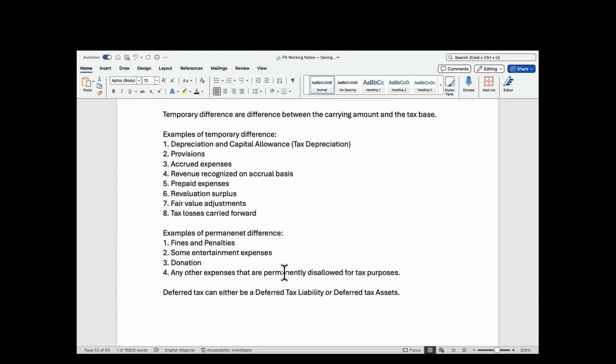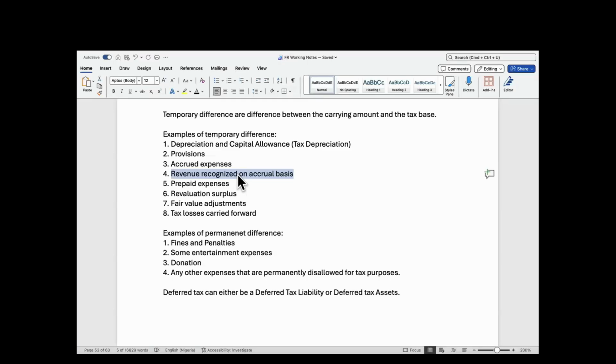And from the example I gave you, this one you will pay additional tax in the future. It will result in a taxable temporary difference because the taxman is not going to tax it now, because he says you have not received the money, but he will tax it in the future. That is a taxable temporary difference.